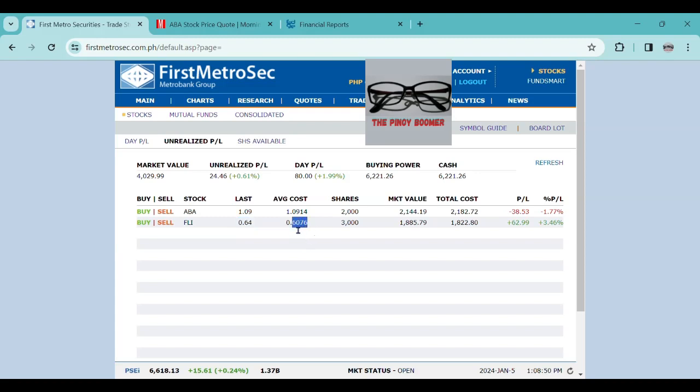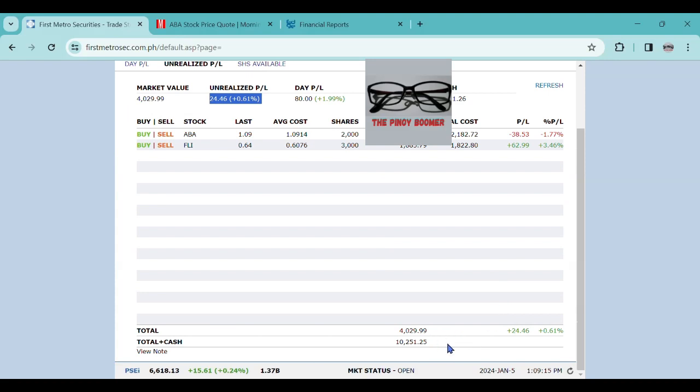But with fees, it's 60 pesos 60 centavos. But with fees and taxes, it's actually 76 centavos. And as you can see, overall, I already have a 24 peso unrealized profit.